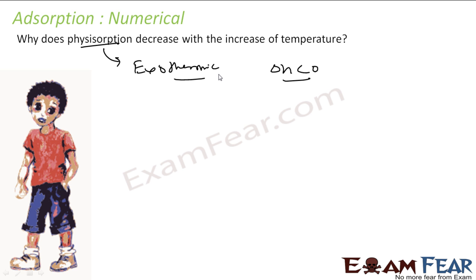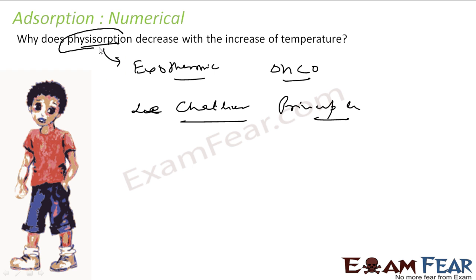Now, if it is exothermic, then as per Le Chatelier's principle, you increase the temperature and the reaction goes in the backward direction. That means the rate of reaction decreases if you increase the temperature. This is true for physical adsorption, but for chemical adsorption, it is a little different.